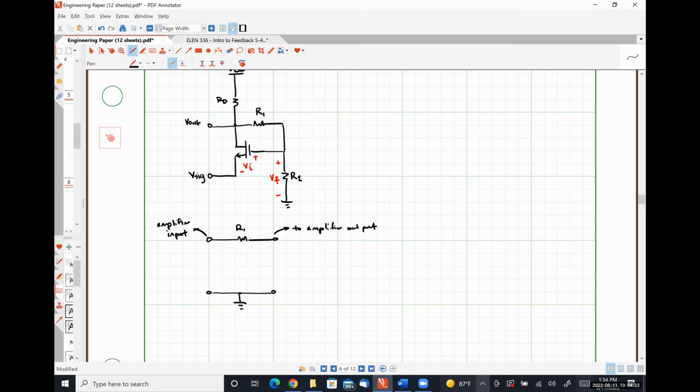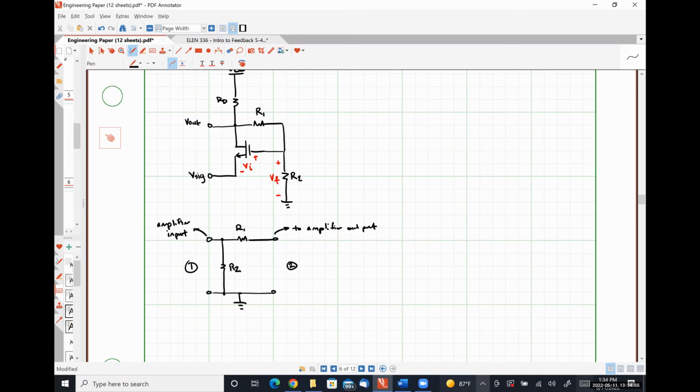Just going to identify real quick here. This is port 2. This is port 1. All right, so now let's talk about the remainder of our feedback network. We also have this resistor R2 connected between our input node and ground, which means we should have resistor R2 placed right here.